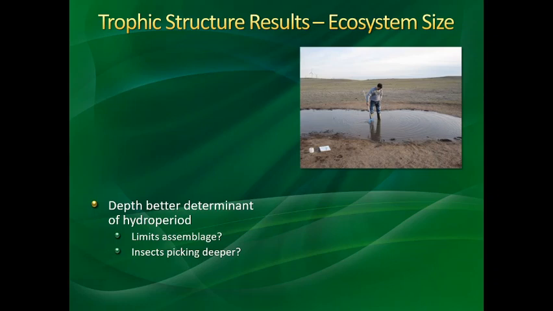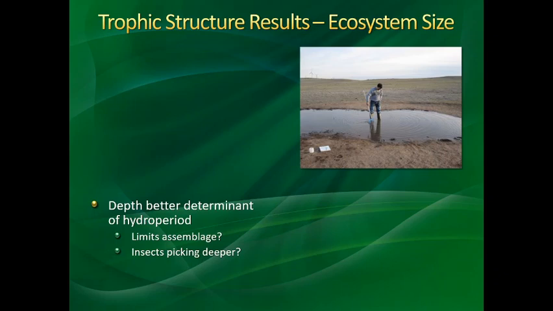A mosquito can grow in a tiny little container that only has water for a week, but a lot of these bigger insects, think like dragonfly larvae, or even some of the tadpole shrimp, need several weeks of water.